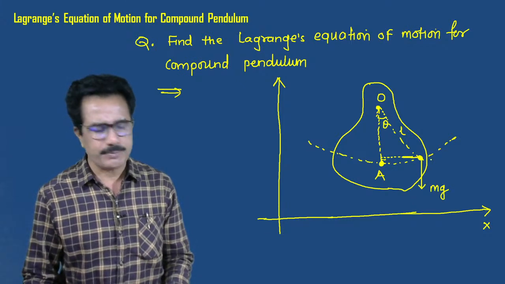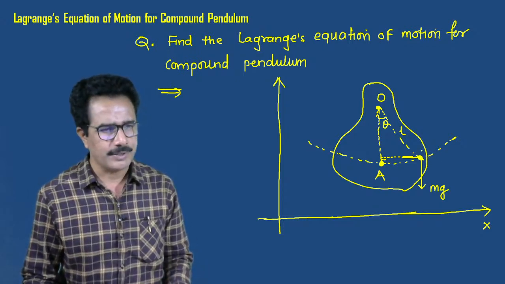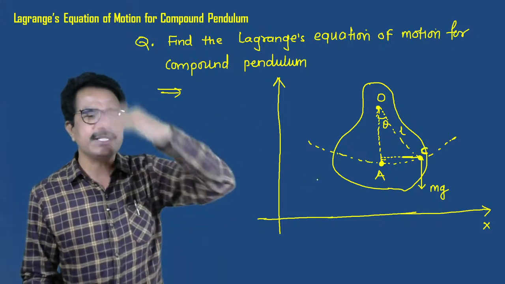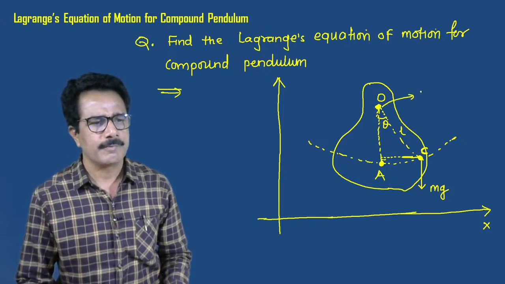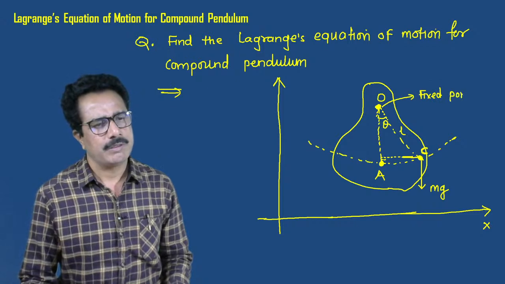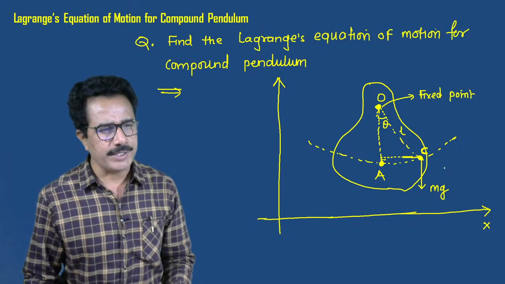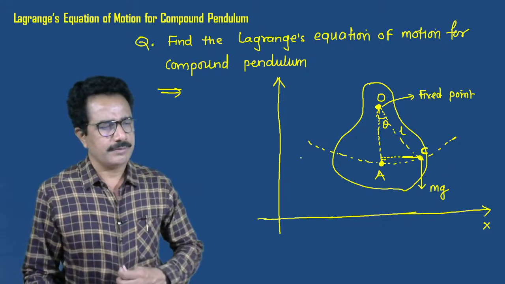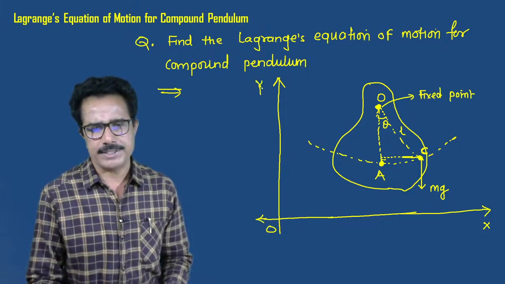Suppose we can consider this point as C, or any point. See this, the oscillation of the rigid body is about this fixed point. This is suppose the x axis, this is suppose the y axis.